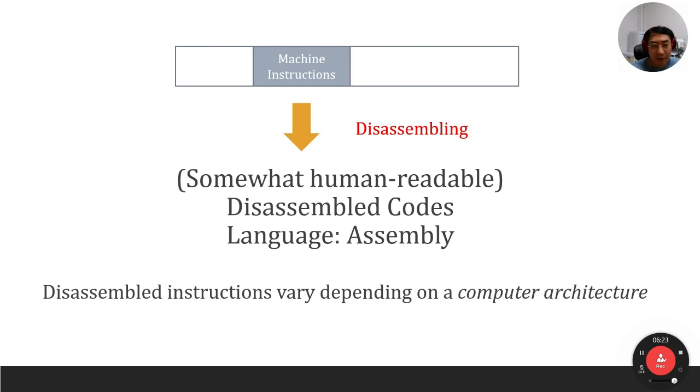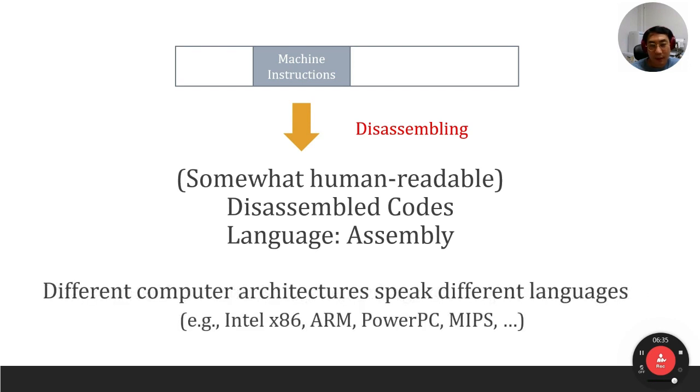The assembly languages may vary depending on a computer architecture, because different computer architectures speak different languages. So for example, Intel x86 has its own language, and this is called instruction set architecture, or ISA. And ARM, PowerPC, MIPS, these are different architectures, which means ARM has its own language.